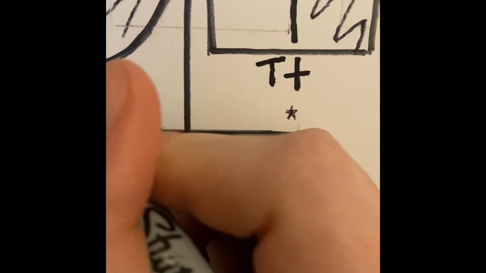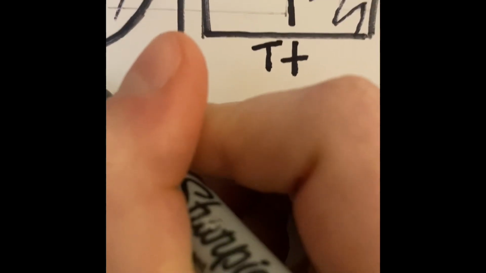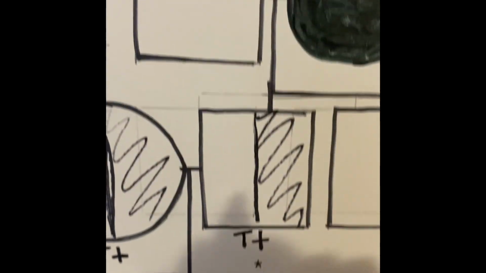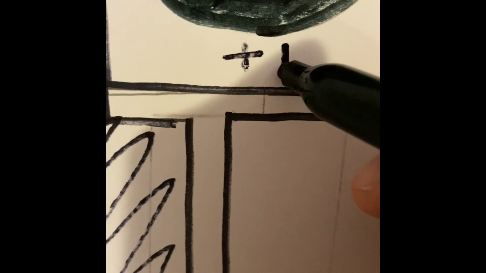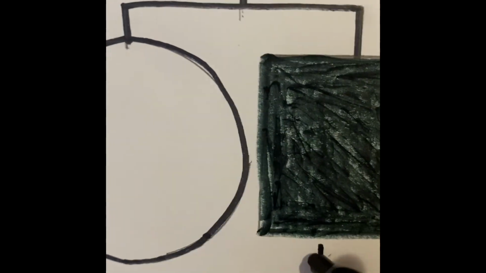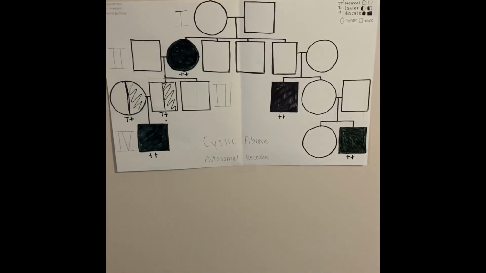This would be big T, little t. And we know this one has a disease, so it would be little t. Disease over here, little t. And we got another little t. Okay, there we go for this.